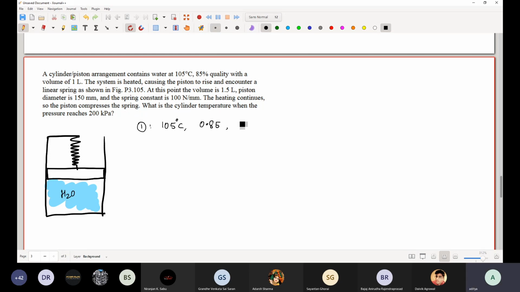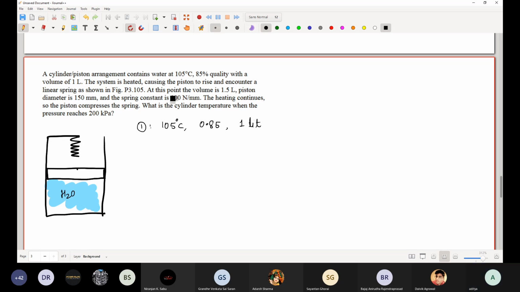And the initial volume is 1 liter. The system is heated, causing the piston to rise and encounter a linear spring. In the problem, the spring is actually not initially engaged.